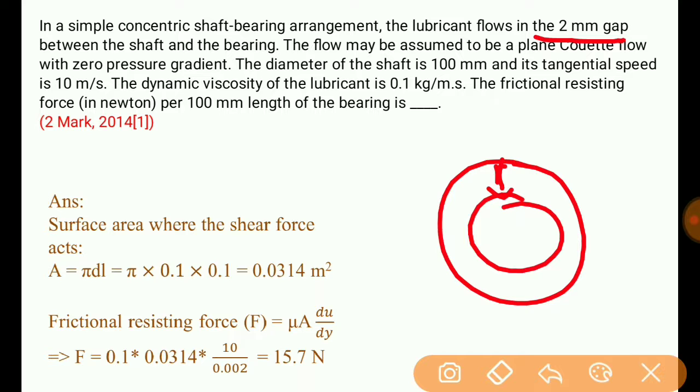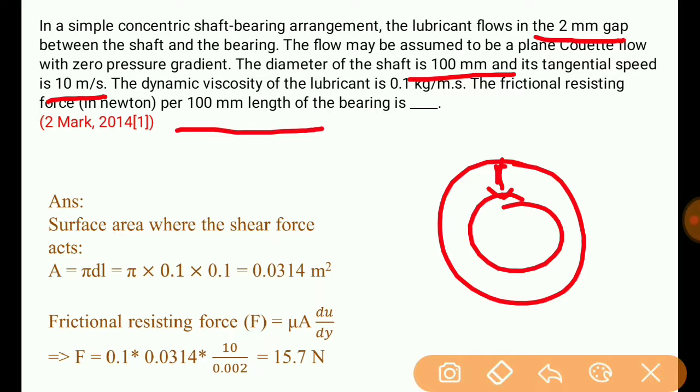It is also given the diameter of the shaft is 100 millimeter, and the speed is 10 meter per second, and it is asking about the frictional resisting force, and length is also given.